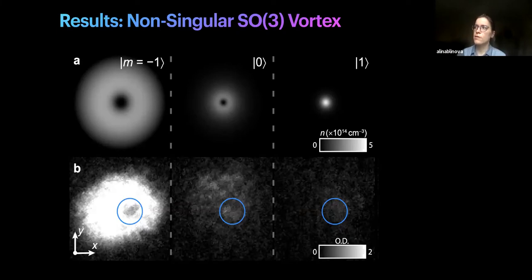The healing length is actually sharp, so this would cause a very sharp bending which is just energetically very costly. So in general, in the BEC, having a true density hole is very energetically costly. So that's one thing.